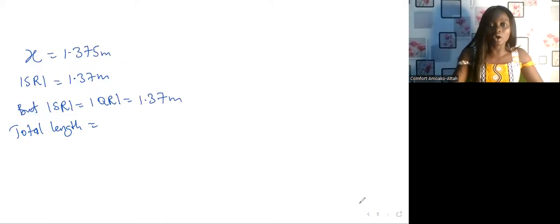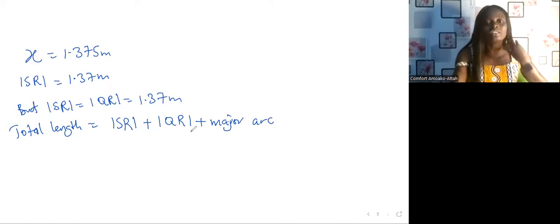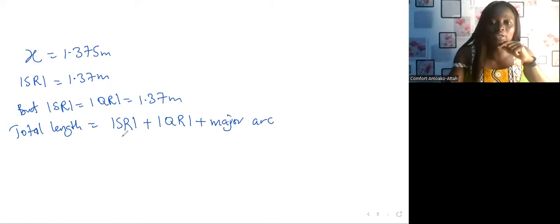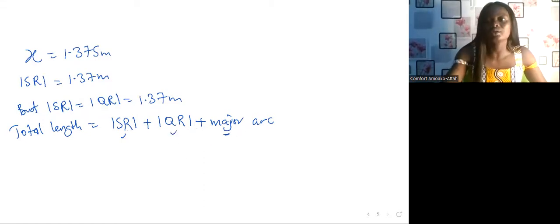All right, so now we've gotten two of them. We've been able to get the line SR and line QR. We are left with the major arc. Good. So how do we find the major arc?